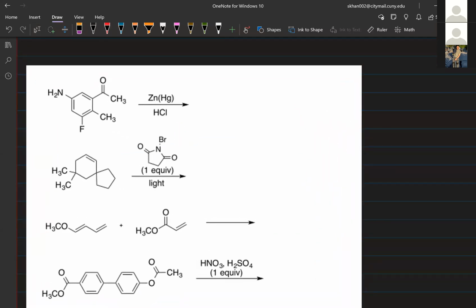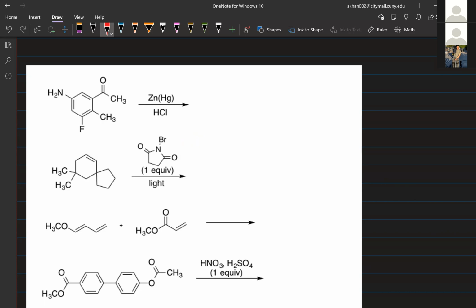So the first thing is we have amalgamated zinc with hydrochloric acid. So it's amalgamated zinc in acidic media, right? What kind of reaction is this? Clemmensen reduction, yep.